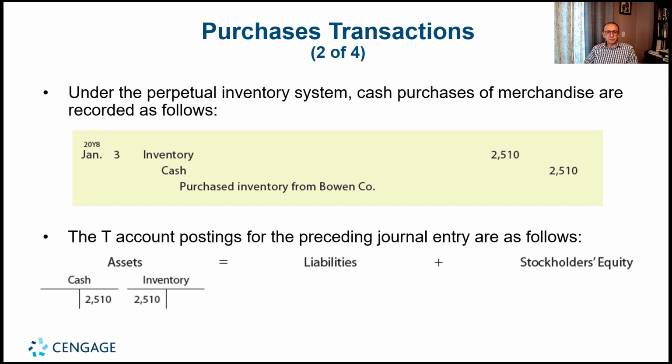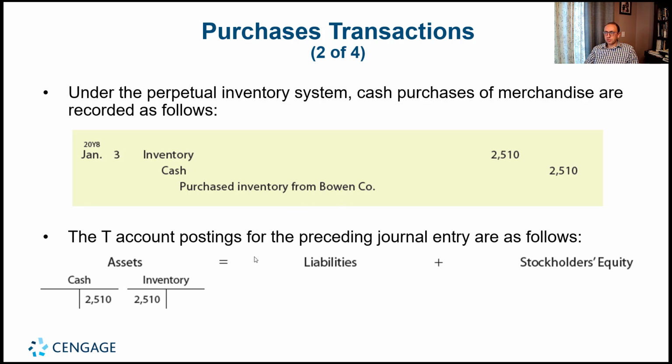Under the perpetual inventory system, cash purchases of merchandise are recorded as follows. We debit inventory because this is one of the assets that are increasing when we buy inventory, and we credit cash because cash is also another asset. When we pay it out, it goes down, so it's credited by the same value here. The note here says purchase inventory from Bowen Company, which is the supplier, or the vendor, that provided this inventory.